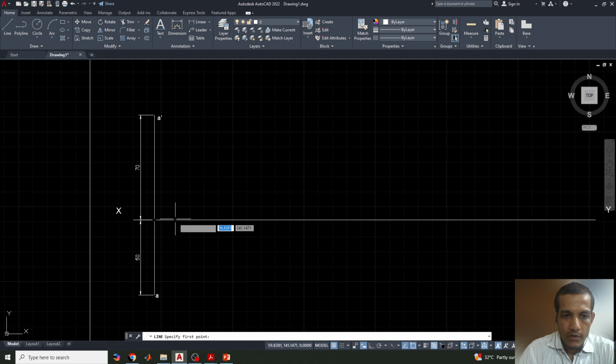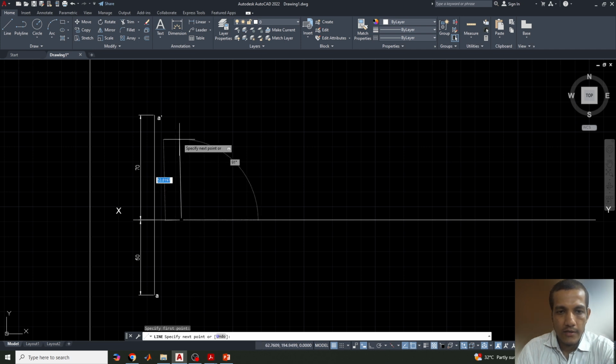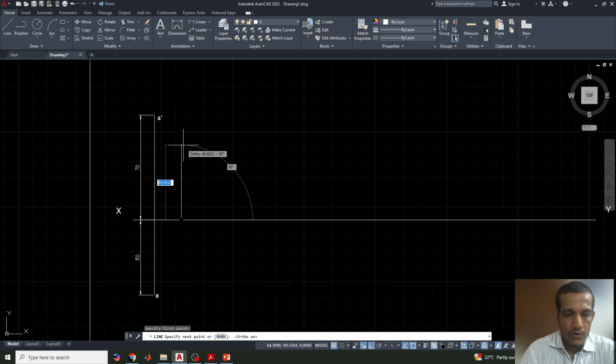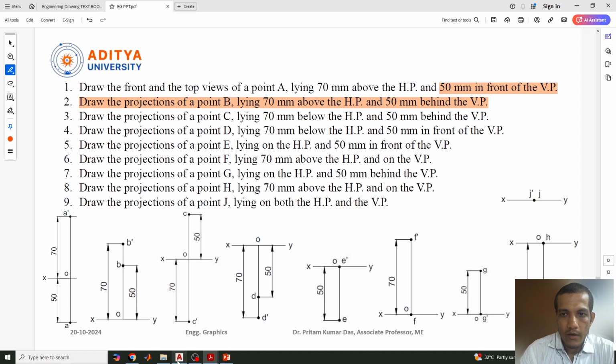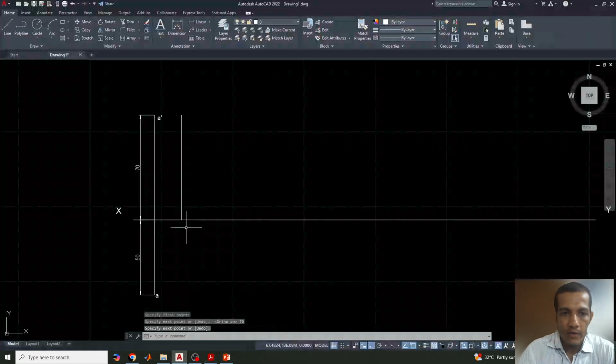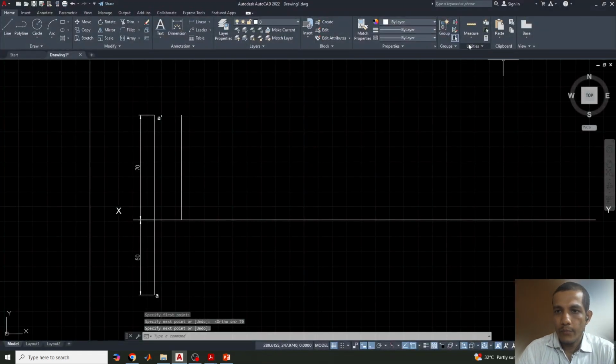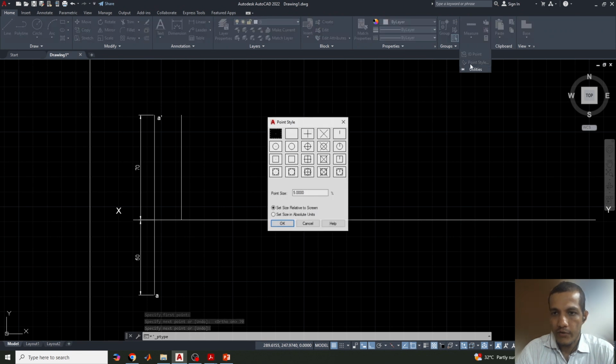Otherwise we can go simple like that. Let's see, we'll select 70 mm above, and 50 mm behind. So another point will be there, 50 mm. We'll give some point style for this.